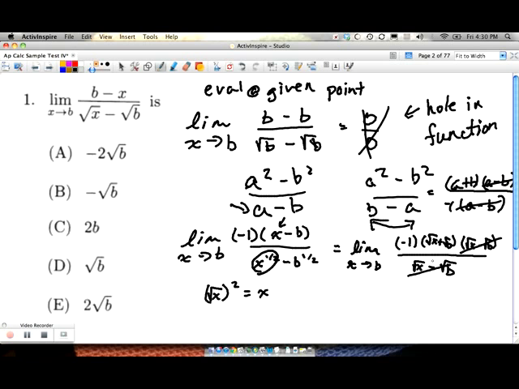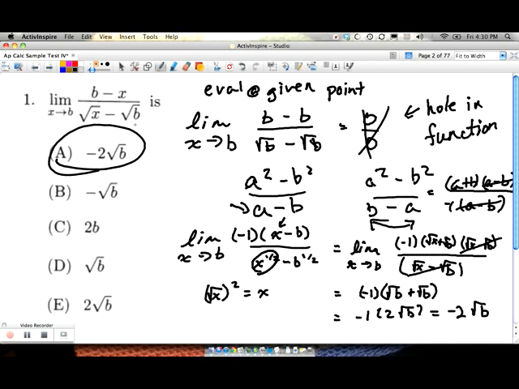That square root of x minus square root of b is going to reduce on top and bottom. It's just 1 over 1. So now I can plug in b. So it's going to equal negative 1 times square root of b plus square root of b, which is really negative 1 times 2 square root b, which equals negative 2 root b.